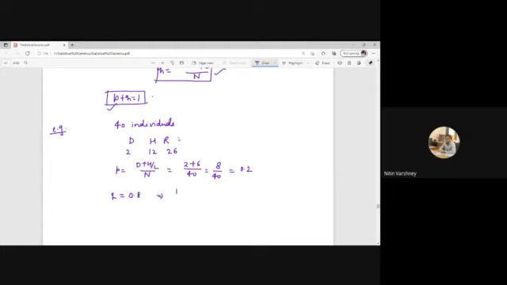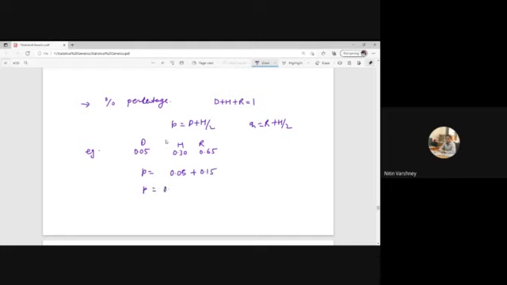So P is equal to 0.20 and Q will be 0.80. How? Q is equal to R, 0.65, plus H by 2, 0.15. We add and we get 0.80. So this type of basic question can come in the exam, to calculate the P when a population is given with the number of individuals, or if it is given in percentage, we can calculate it like this.